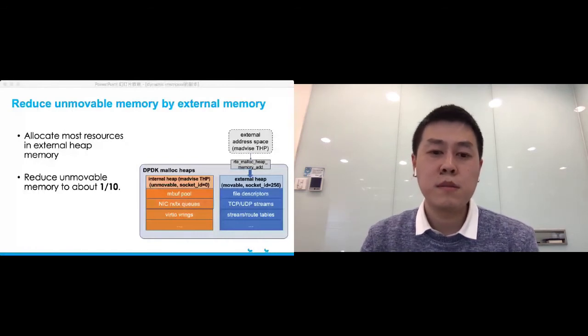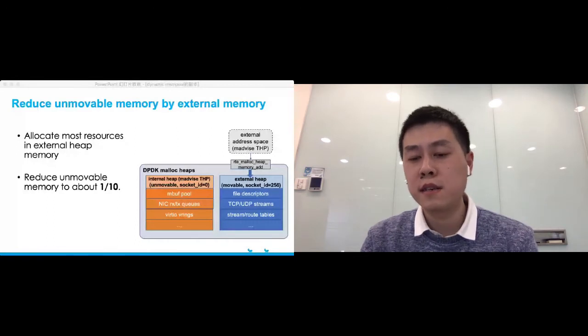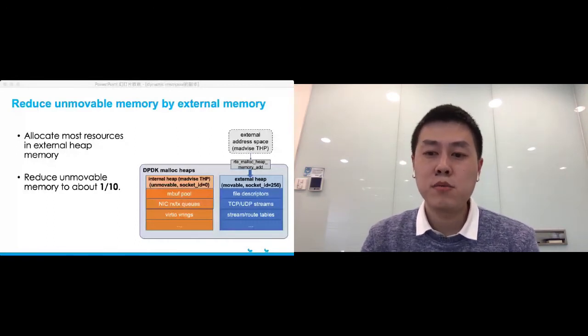So they are not pinned anymore and could be moved in future memory compaction. In most cases of our application instances, memory used by the internal heap in DPDK v2 is much less than the external heap. This way, we reduced unmovable memory of DPDK by about 90%.